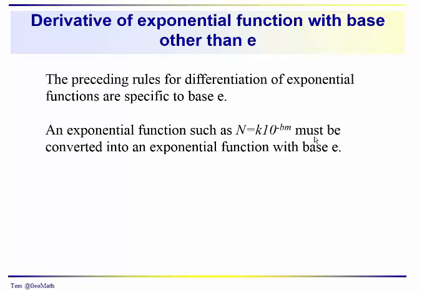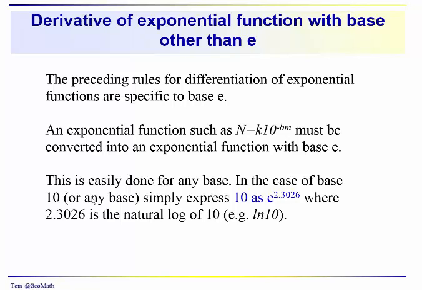In order to differentiate a function with an arbitrary base, we have to convert that base to a function of base e. In the case of base 10, we simply express 10 as e to the 2.3026 power. That's what 10 is in a base e representation, and 2.3026 is the natural log, or ln, of 10.